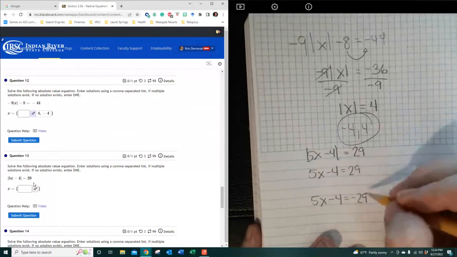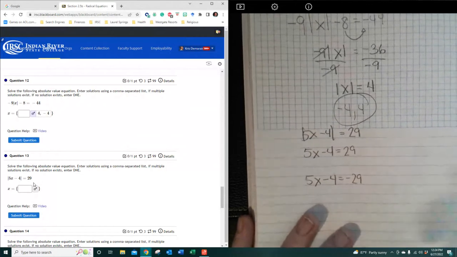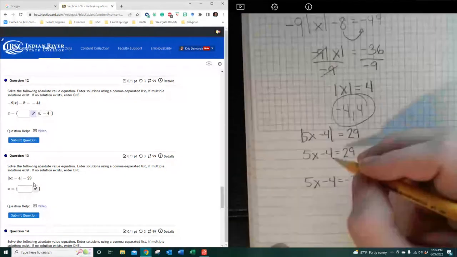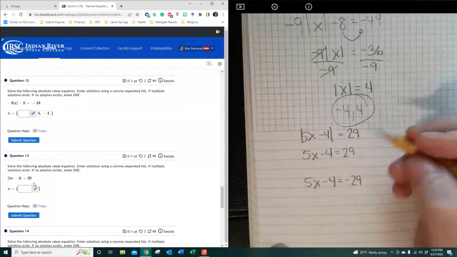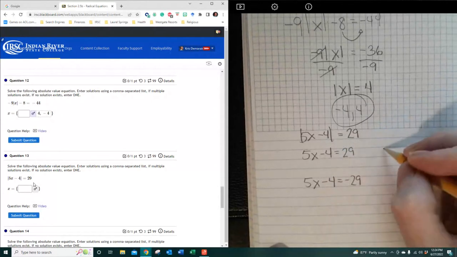So you set it equal to the other side as well as to its opposite. Now, when you're doing this, you just solve them like regular equations. You're going to add 4 to both sides.